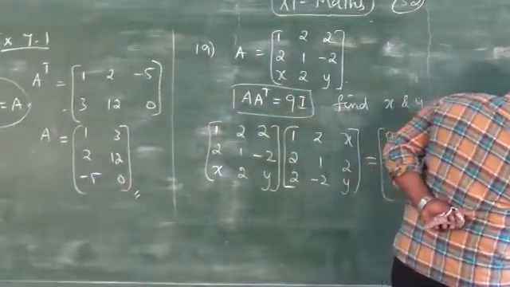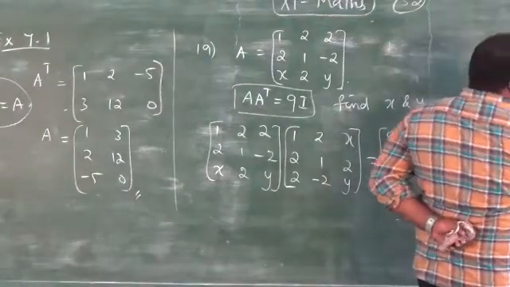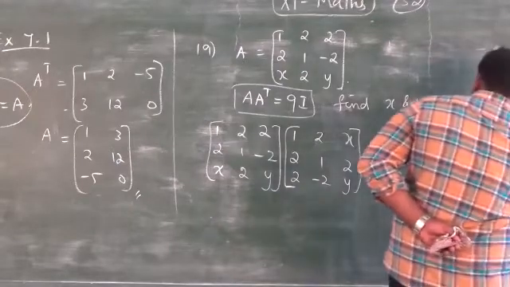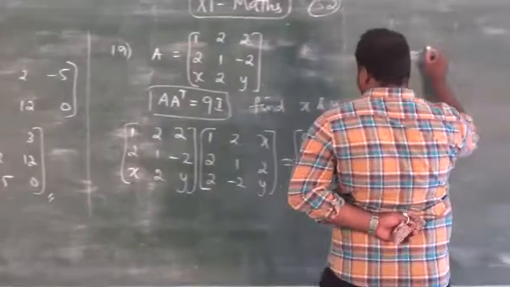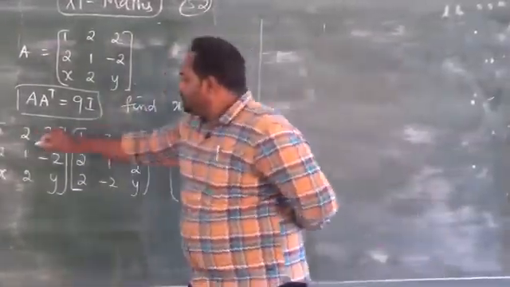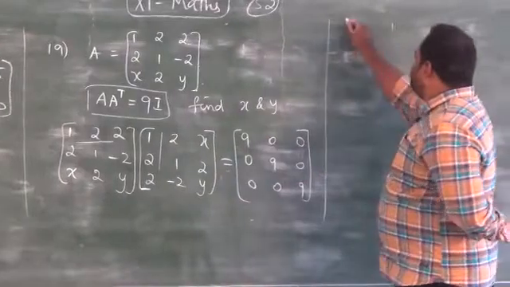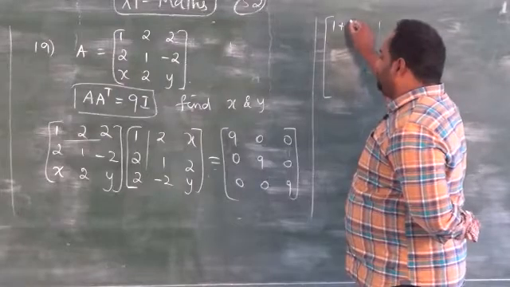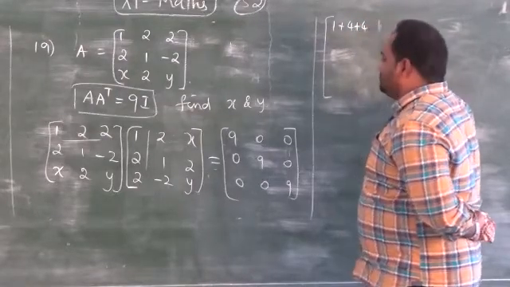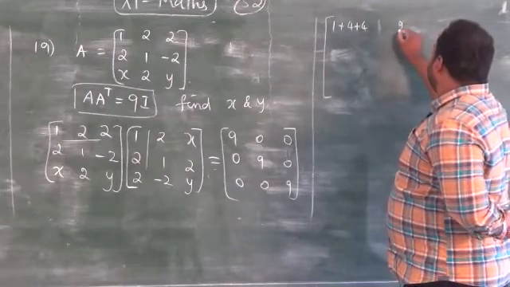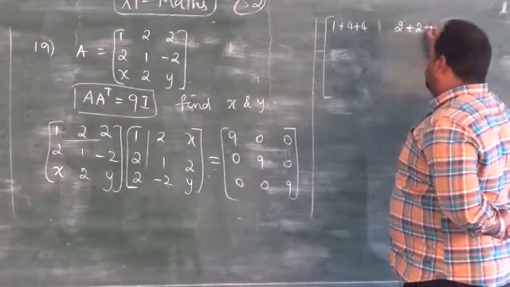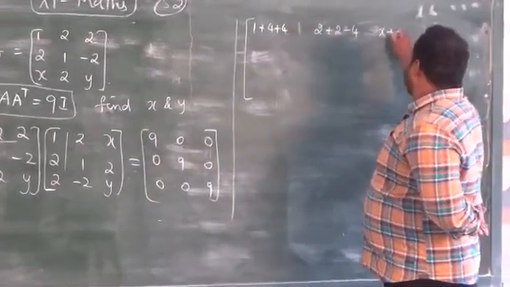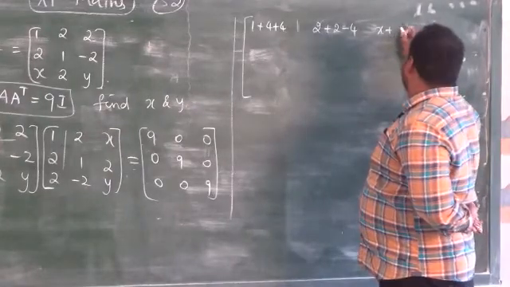So first I am going to multiply the left hand side matrices. Here, first row and first column. What will come? 1 into 1, 1, plus 2 into 2, 4, so 9. First row, second column: 2 plus 2 minus 4. Next, first row, third column: x plus 4 plus 2y.